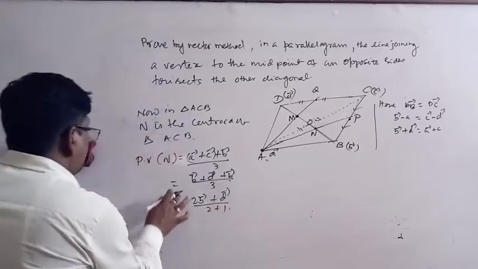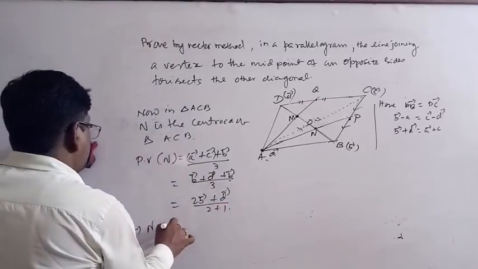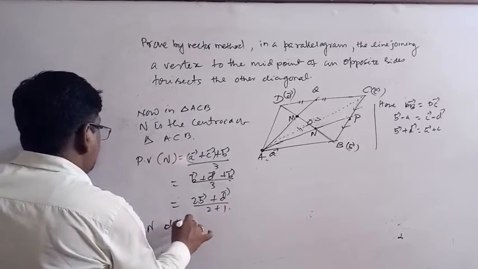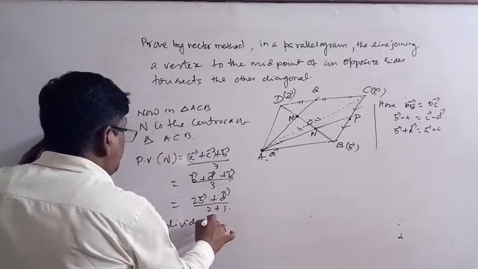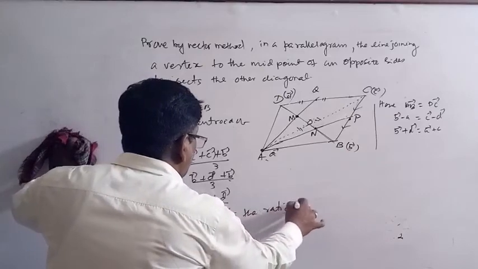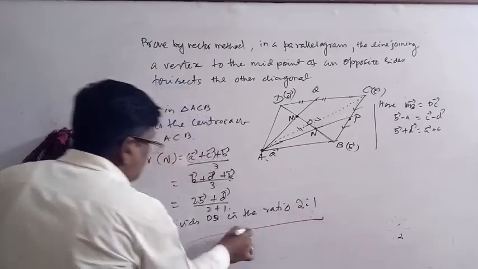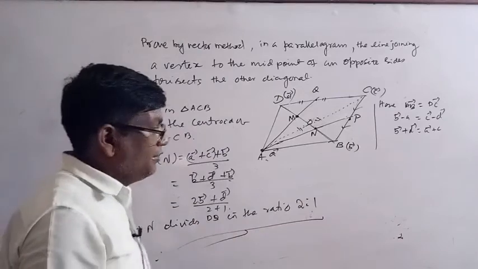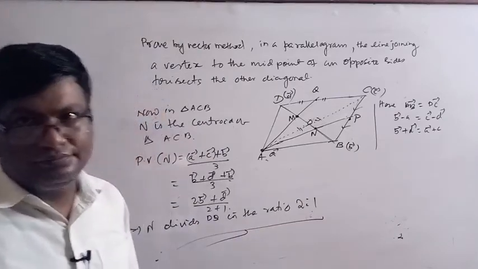From this, N divides DB in the ratio 2:1. Hence proved.